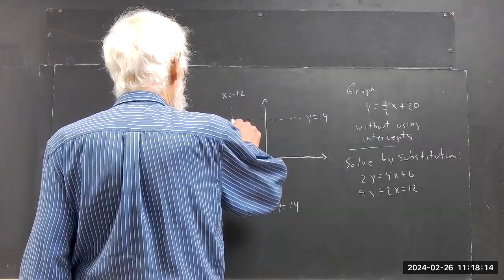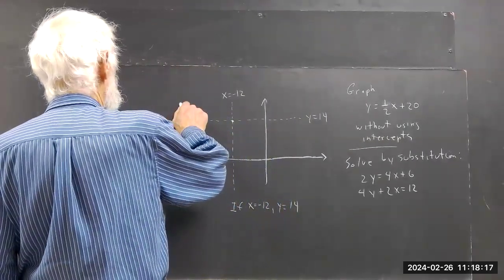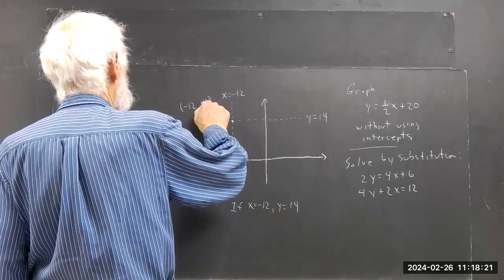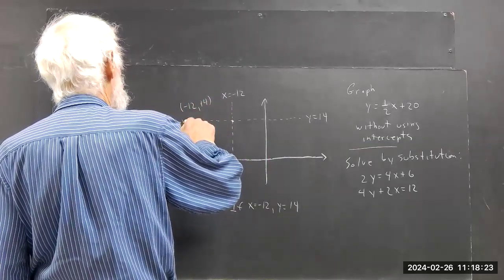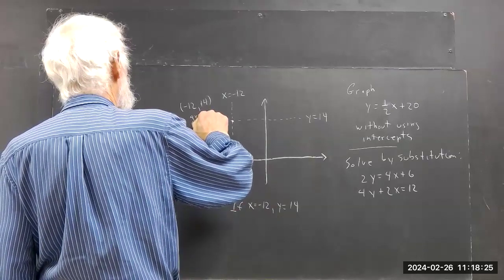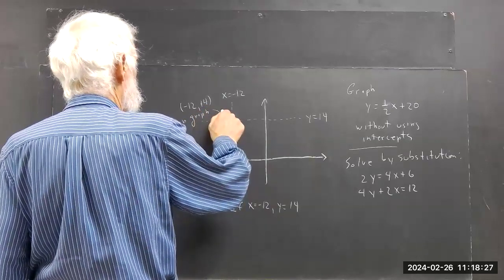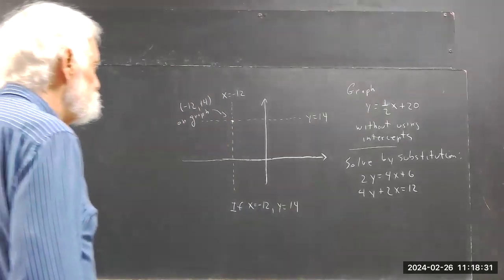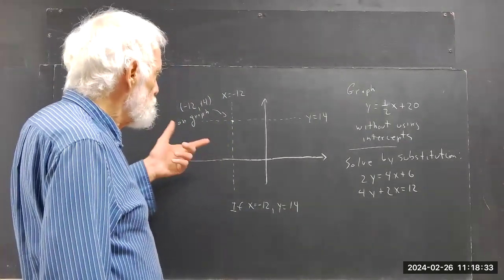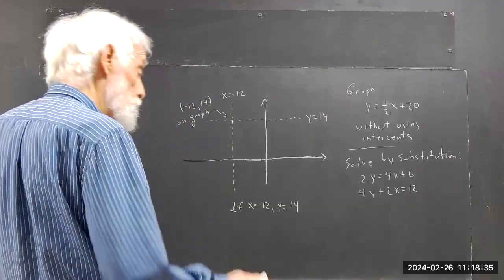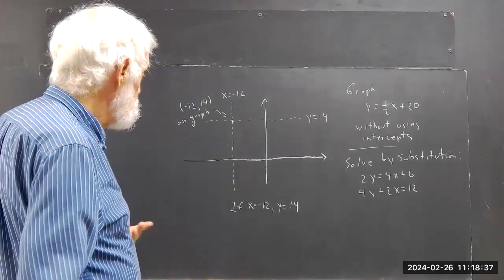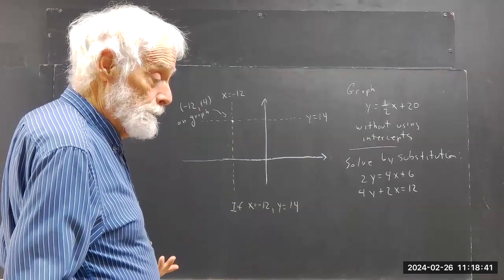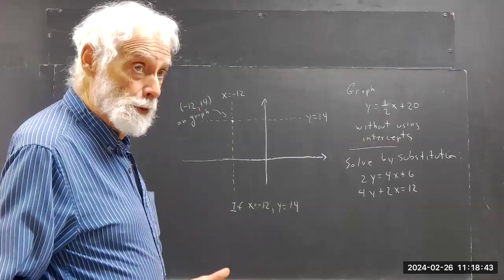This point's on the graph. I know the slope is 1/2. So I can choose any run and figure out what the rise ought to be.